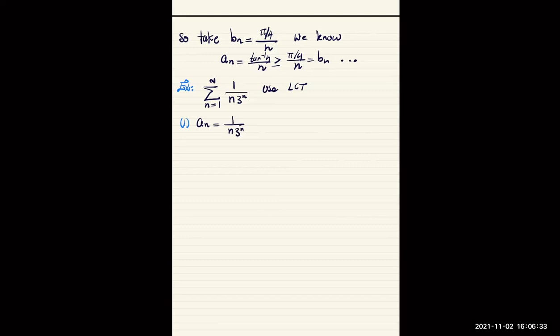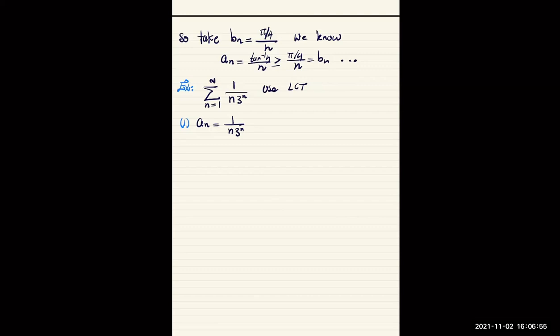Okay, the question is, can I find a sequence that is asymptotically the same as this sequence? That's what we are trying to answer. Is there a sequence that is asymptotically the same as this sequence?